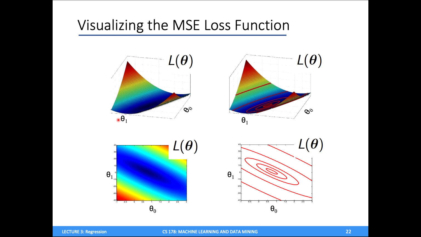This is more for intuition purposes, but we'll see how this geometric picture of the loss function leads to the gradient descent algorithm in a minute. Okay, other questions? Yeah, blue is good here.